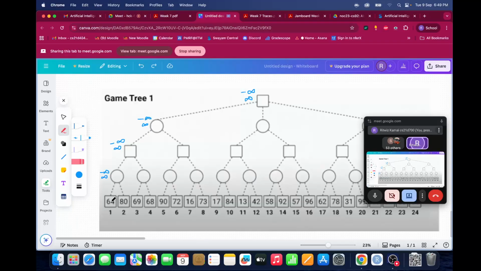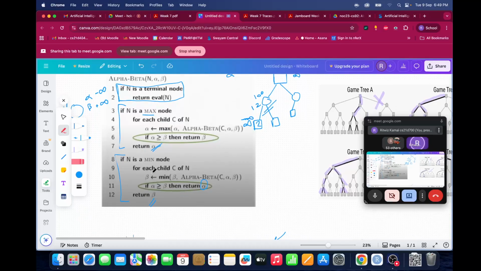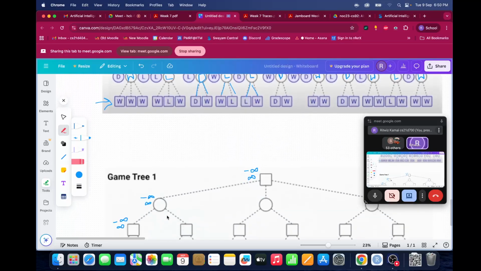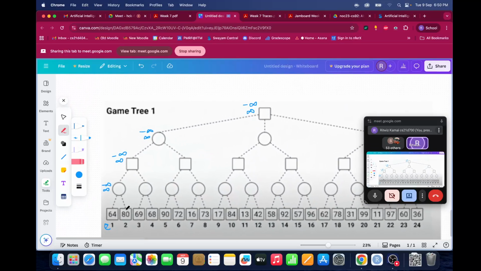Okay, so this node E1 will be returning a value of 64 based on the pseudocode that we had a look at. What do you think will be updated, the alpha value or the beta value? Beta value, right? Because this is a min node, and as of now the alpha greater than or equal to beta condition has not been reached, right?